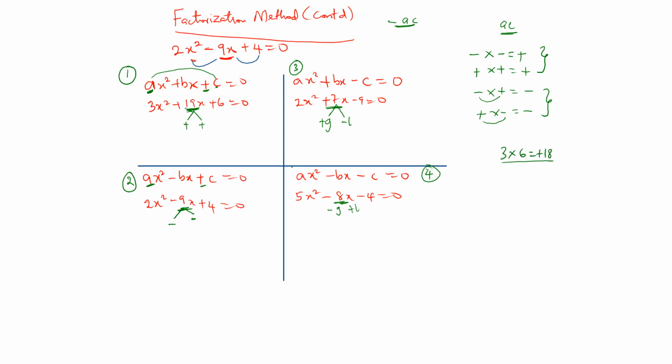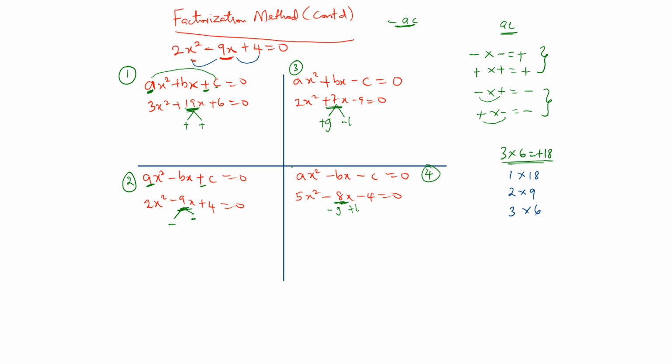So we need to find the factors of 18. 1 multiplied by 18 gives us 18. 2 times 9 gives us 18. And then which other one? 3 times 6 gives us 18. These are the options that we have, except if there is any other one. Let the student find out, and let them state the factors.